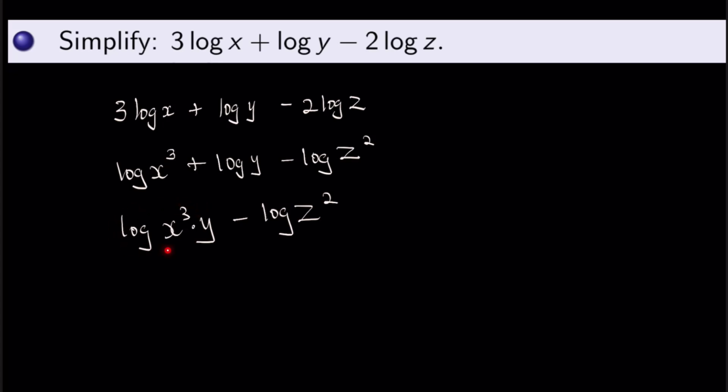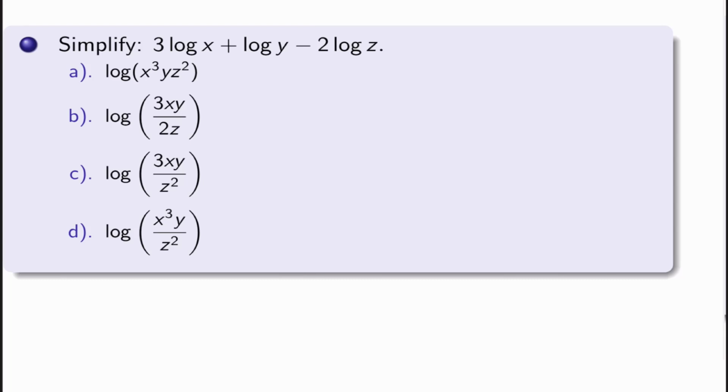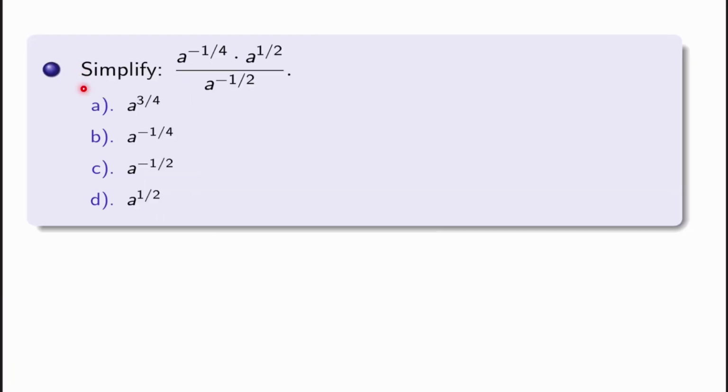Now here these are subtracting, so we are going to divide. So we are going to have log of x cubed multiplying y divided by z squared. Hence our answer is log of x cubed y divided by z squared. And so the correct option is option D.